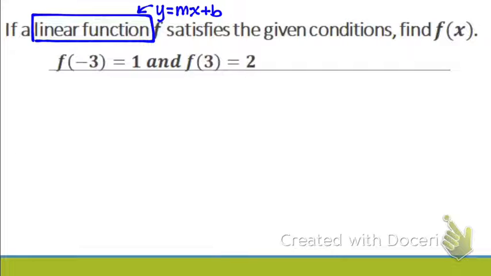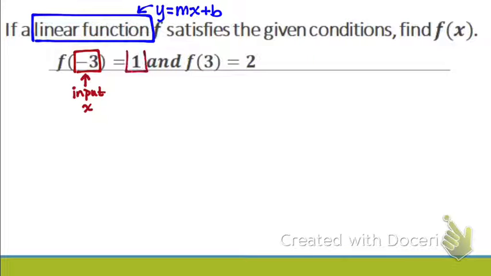So the two pieces of information that we need to get from what they gave us is what? If I want to write y equals mx plus b. Yes, we need slope and we need our y-intercept. What is this telling me? Yes, this is our input, or our x value.